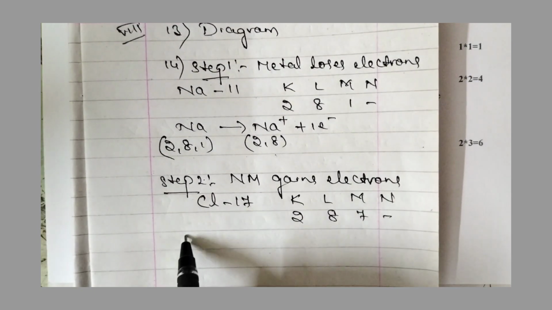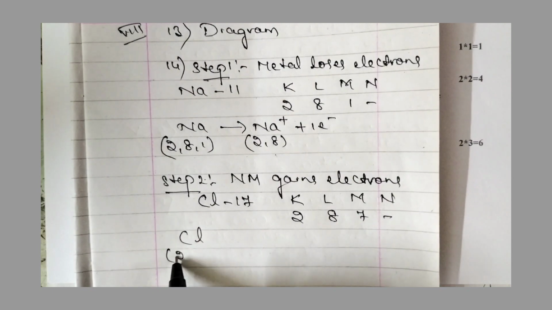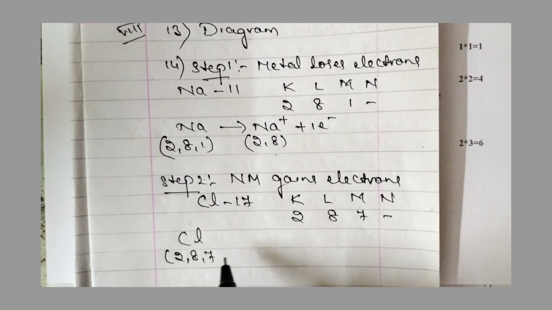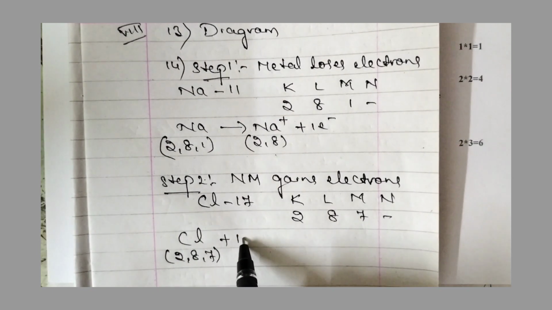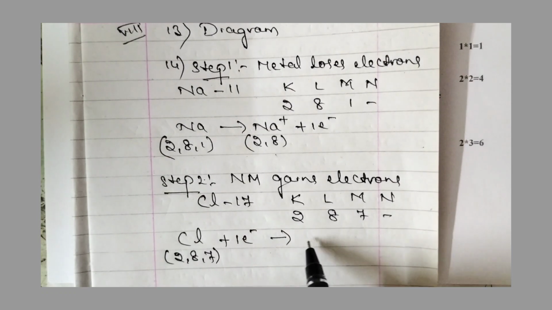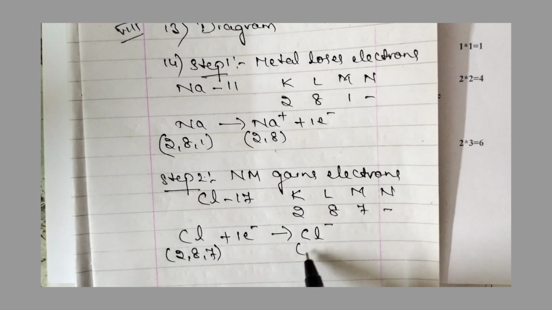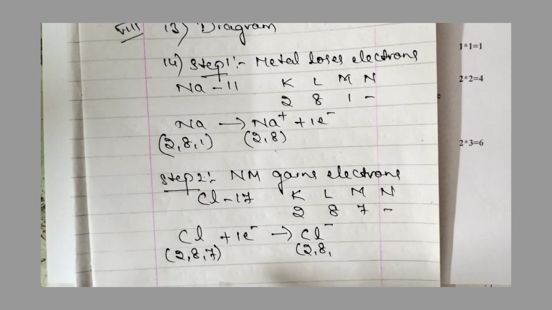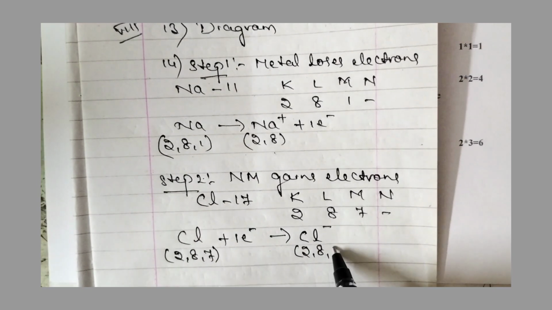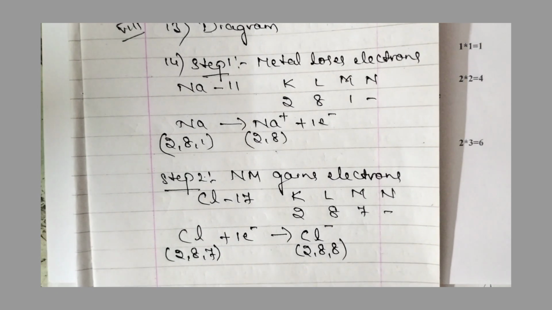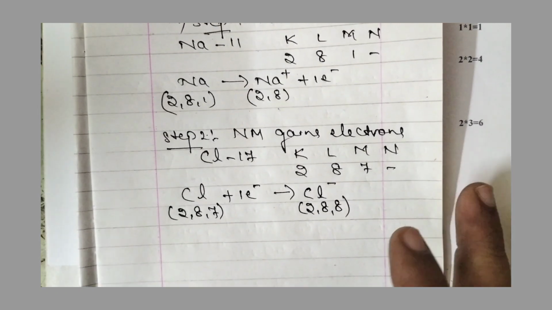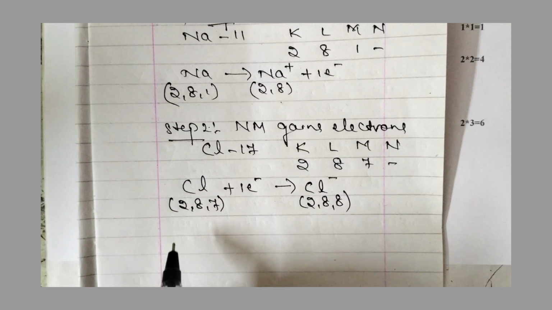The chlorine atom, having configuration 2, 8, 7, by gaining one electron will become a chloride ion, Cl minus. So 2, 8, 7 will become 2, 8, 8. That is the formation of the chloride ion.